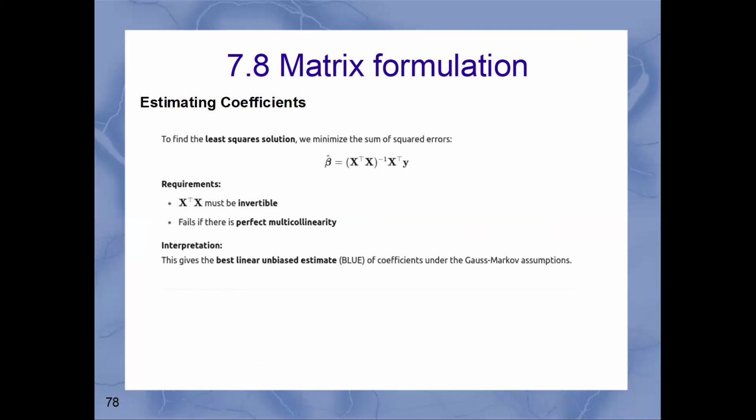And then when we estimate the coefficients, all we really have to do is take the transpose of X times X and invert it, and then multiply it by the transpose of X. The requirement is that X transpose X must be invertible, and it fails if there's perfect multicollinearity, right?